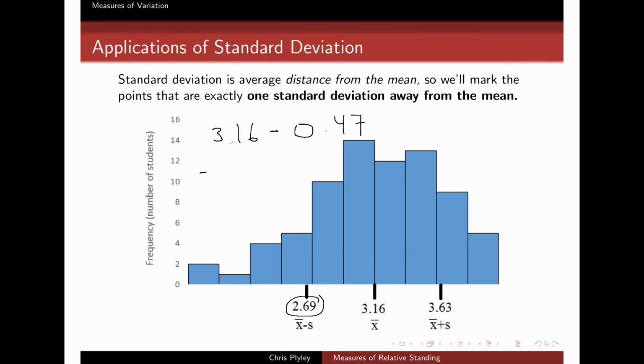And then I take the mean, 3.16, and I add 0.47. This gives me the range of GPAs that are within one standard deviation of the mean. So let's mark those 2 points: the points one standard deviation above and one standard deviation below our mean.